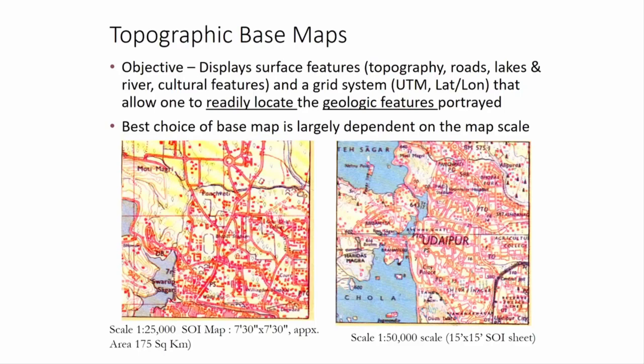But even if you zoom in at a particular place or area in a map and look in more detail, you'll see that not all the information present at 1 is to 25,000 is present at the 1 is to 50,000 scale.